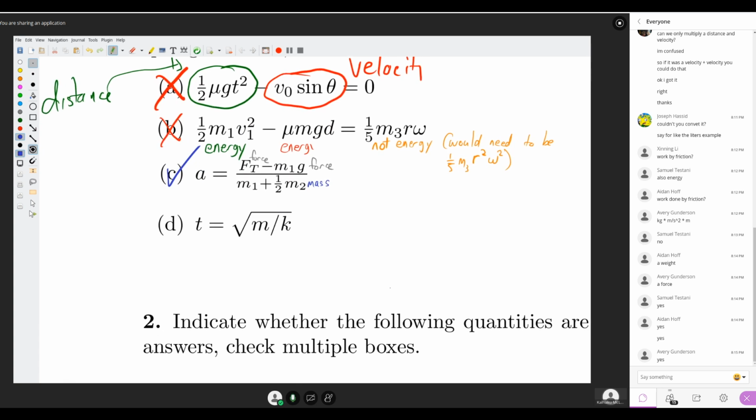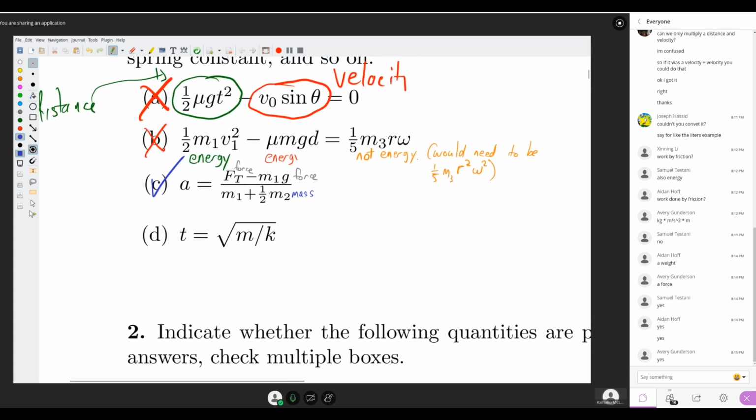What about this one in part D? How are we going to do that? This one's tougher. Well, what we need to do is figure out what that is under the square root.